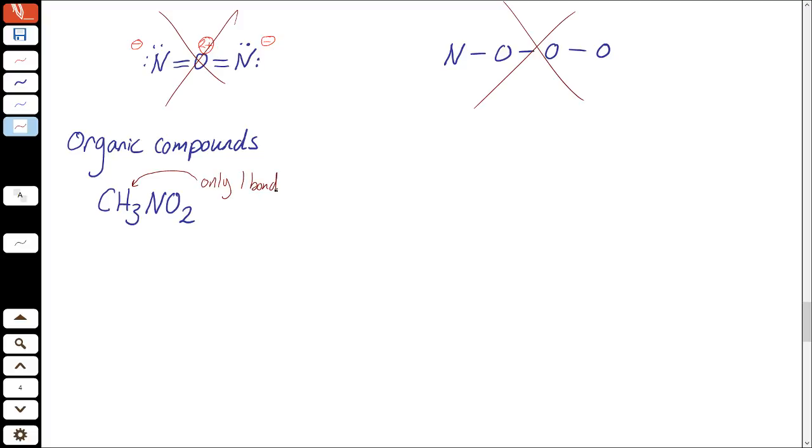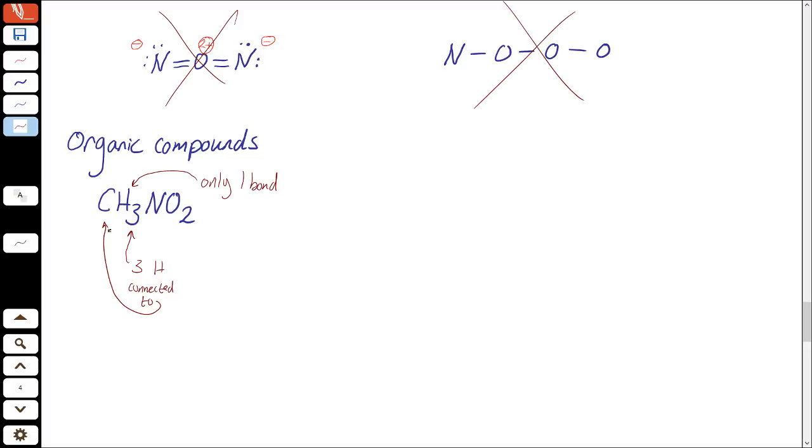In an organic compound, usually the way they're drawn is the atom like carbon that makes up the major structure is written first, and then the things coming off of it are written second. So the 3 hydrogens being written right next to the carbon means 3 H connected to the carbon before.